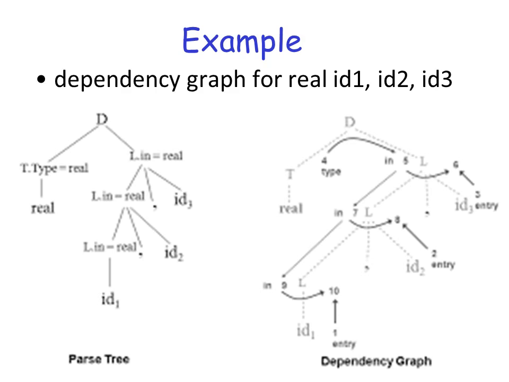T is having its type attribute as real, and it is giving it to its rightmost child, that is L, and it is getting its inherited attribute real from the T.type. After that, it is giving to its child L, then it is giving to its next child L, and sequentially it is performed. So this path can be shown as a dependency graph.